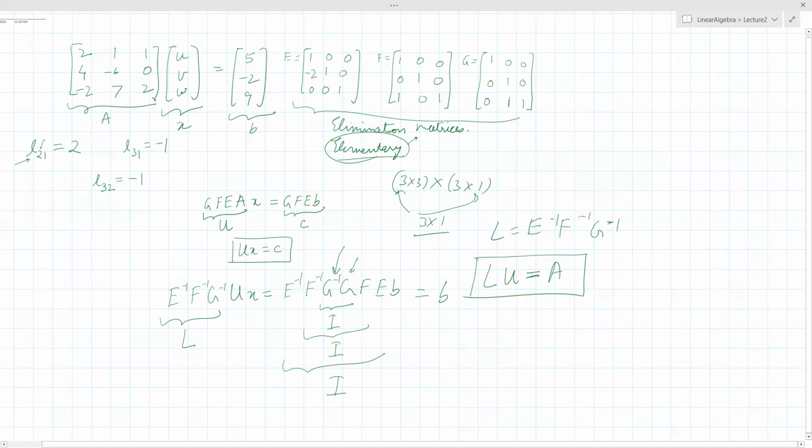The second row does not change. So I can easily reverse that by multiplying the factor and adding it to the third row, and I get back the third row. Is that all right? Yes, sir. Instead of subtracting, now I add that particular factor back.